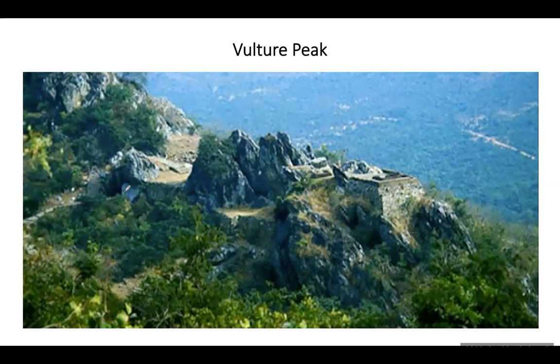It was the scene of many of his discourses. This place is still there, and many pilgrims sit here and do Buddhist meditation practice. The current location is Bihar, in the east of India.